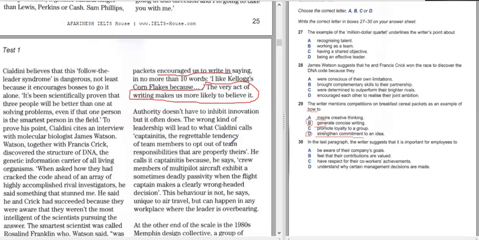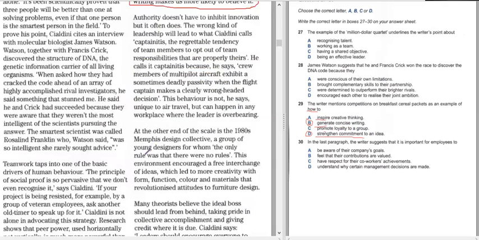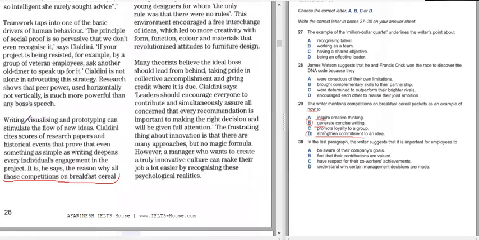The writer mentions competitions on breakfast cereal packets as an example of how to... Are they saying anything else? Writing can stimulate the flow of new ideas. Yeah, here it is talking about idea. Writing, visualizing product can stimulate the flow of new ideas.